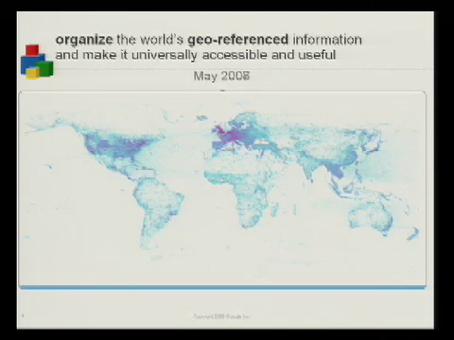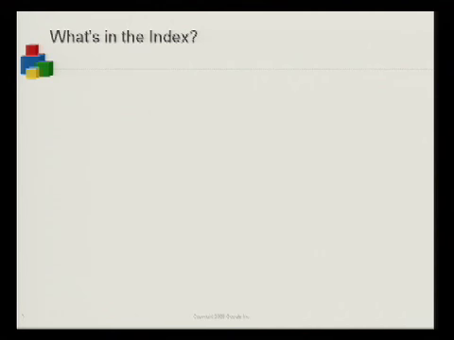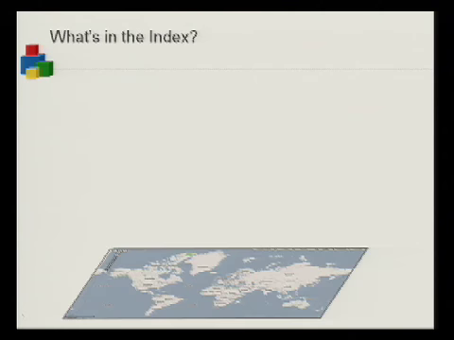Just about every piece of geographic information is there. So what exactly is there in the index that we're building? This is just to give you a notion of the richness, and then we can talk about the implications and what developers can actually do with it.